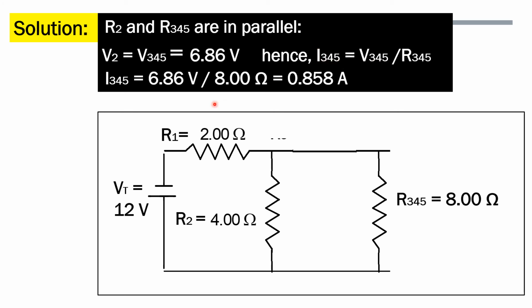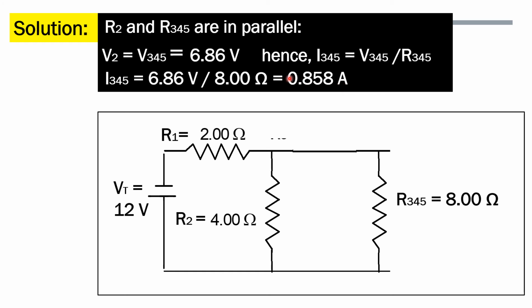Just substitute the given voltage V345, which is equal to 6.86 volts, divided by the given resistance R3, 4, and 5, which is 8.00 ohms. So what we determine here is 0.858 amperes.